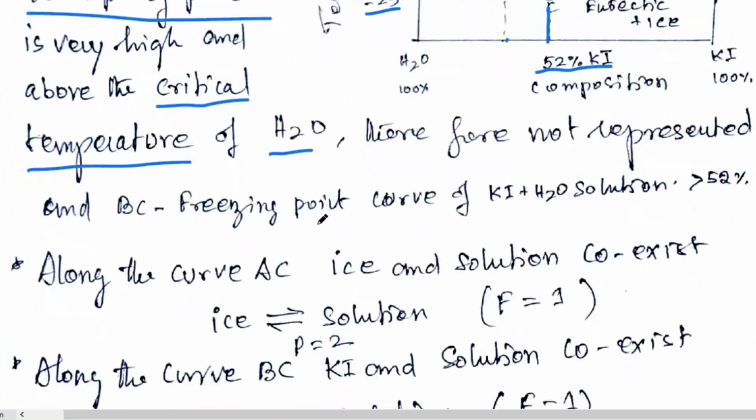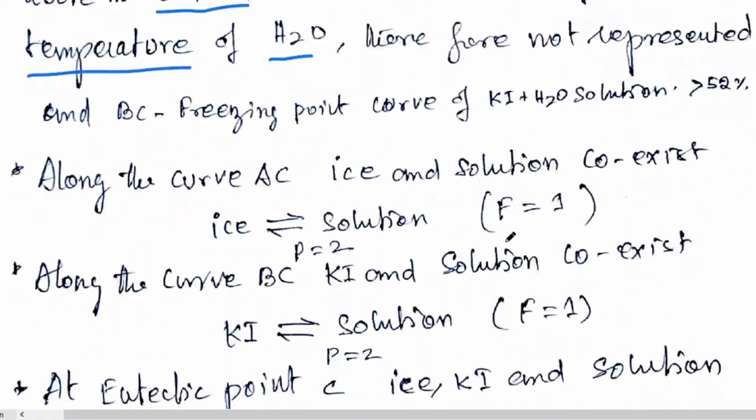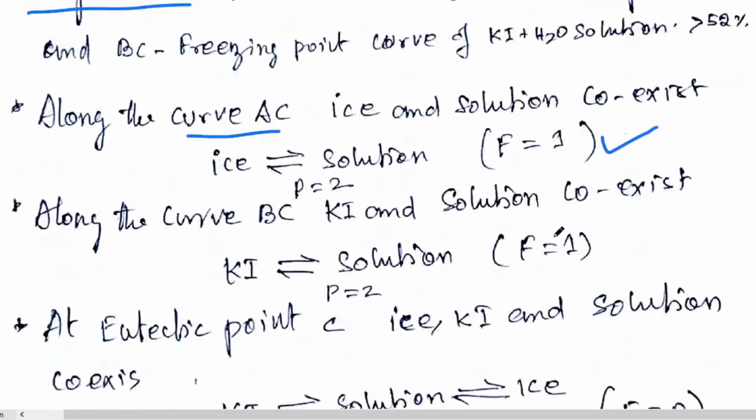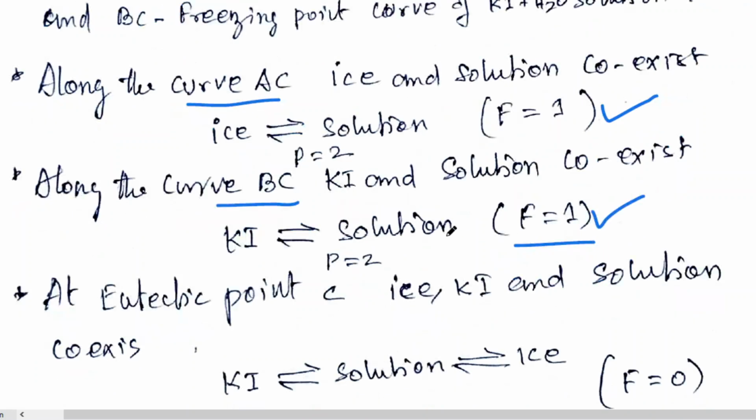That is what I have written here, all of them. We have calculated degrees of freedom along the curve BC. Along the curve AC, ice and solution are in equilibrium. Along the curve BC, KI and solution are in equilibrium, where the degrees of freedom is 1.